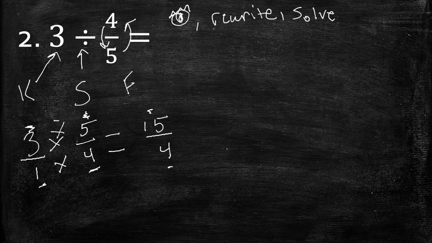So to change it, I can look at my problem and read it as a math equation. So I can read it as 15 divided by 4, or I can go in there and rewrite that again and write it as our problem. 15 divided by 4.